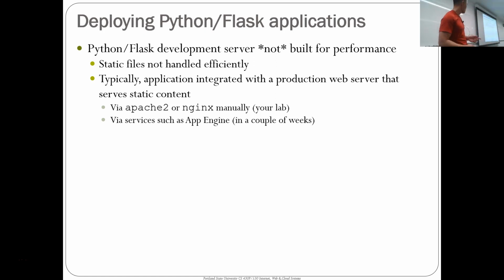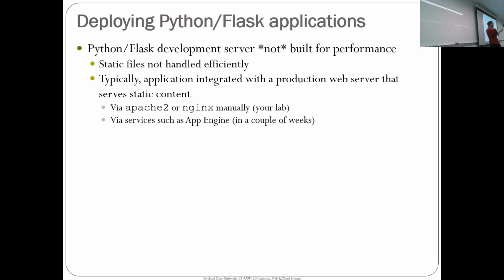So you'll have a Python Flask app, and when you want to integrate this with the production web server, you can do it two ways. The first way is to manually configure an Apache 2 or an Nginx. These are open source web servers. Manually configure that so that the Python-specific URLs will go to the Python interpreter.